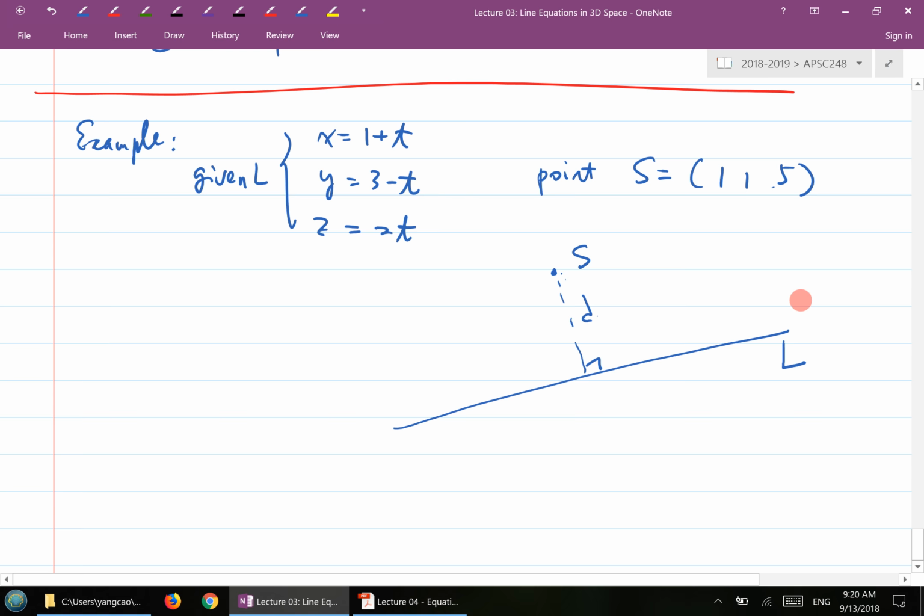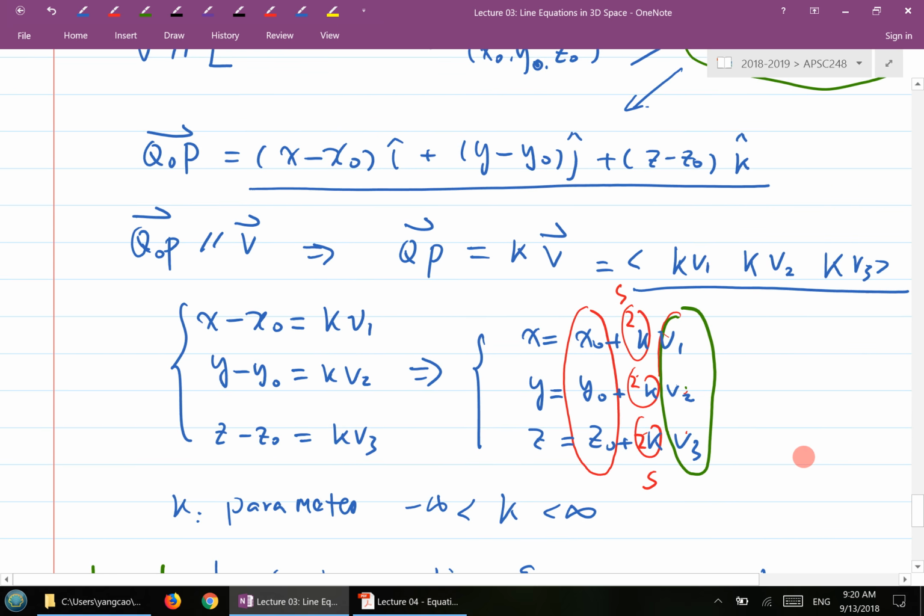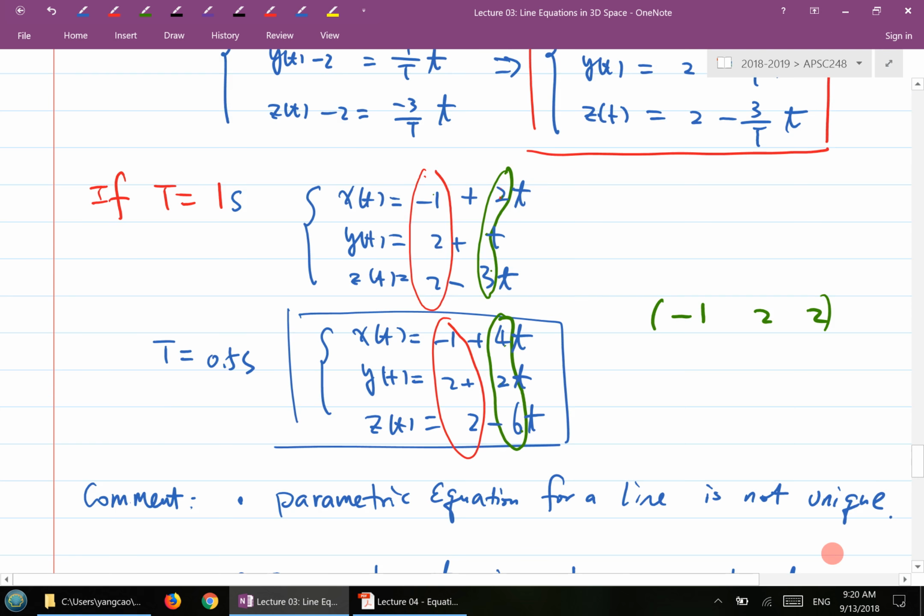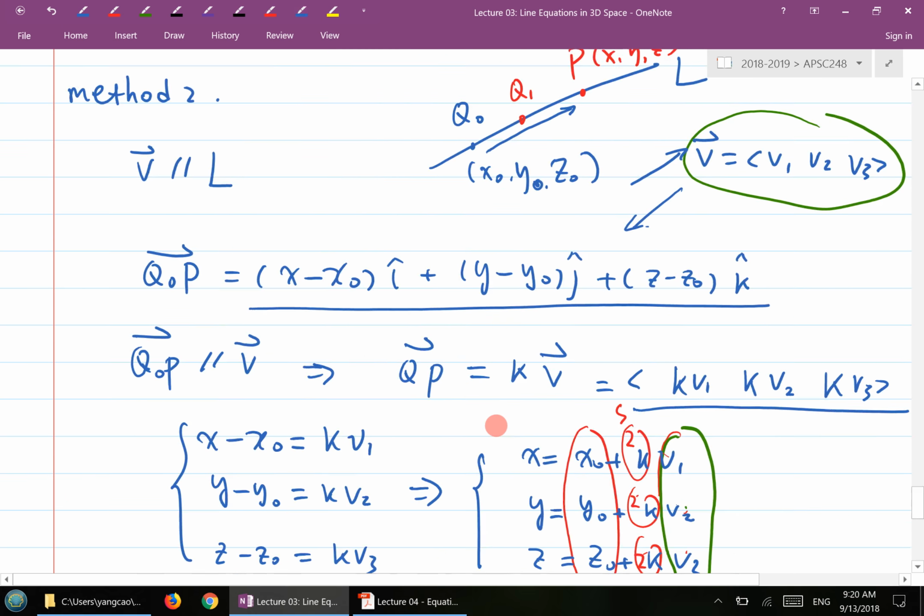I look at the coefficients, which are the parallel vectors here. If the 2 parallel vectors are multiples of each other, then the 2 lines are parallel. But parallel doesn't mean they're the same line, right?